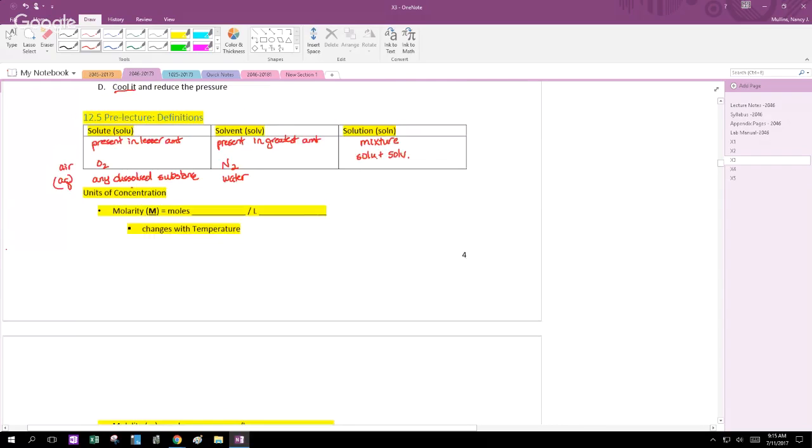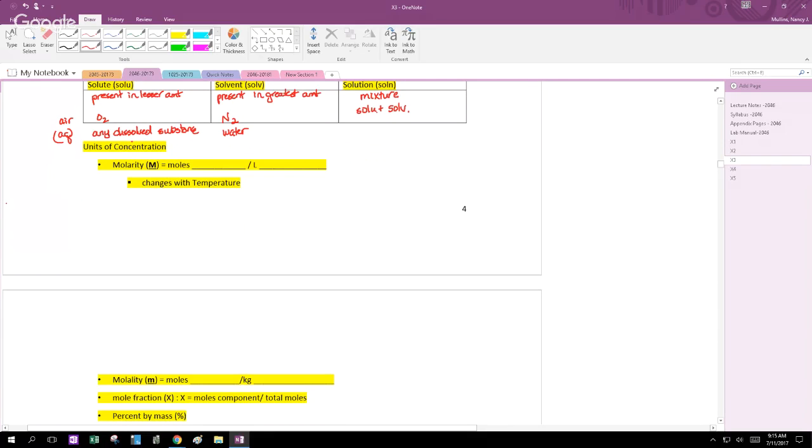Now, the reason I'm sort of emphasizing this is, one, of course, the terminology matters. But in this chapter, if you ignore whether you're talking about the solute or the solvent or the solution, then you're not going to be able to solve any problems. So you just need to label very carefully. Of course, back in high school chemistry, you learned about molarity. Molarity is moles of solute per liter of solution.